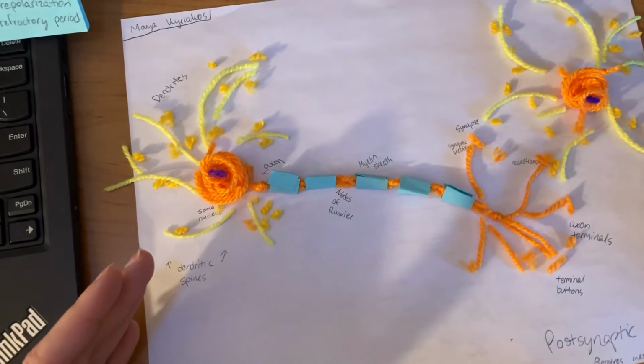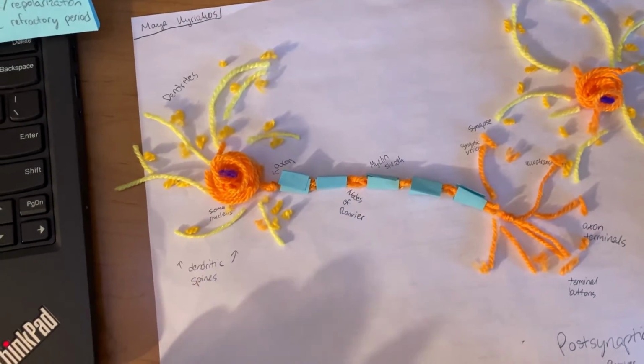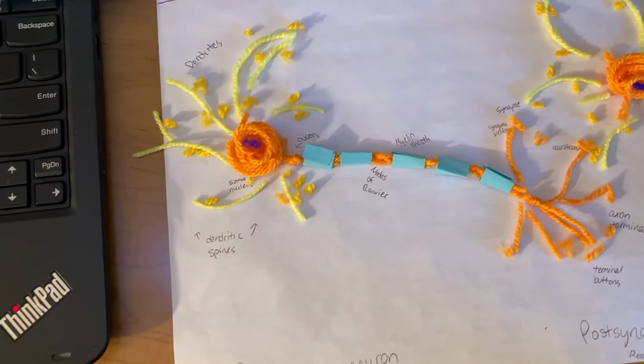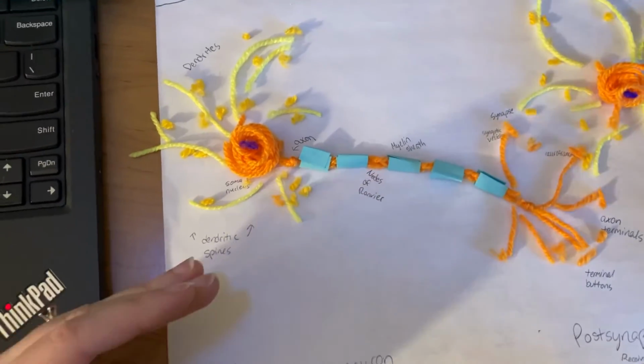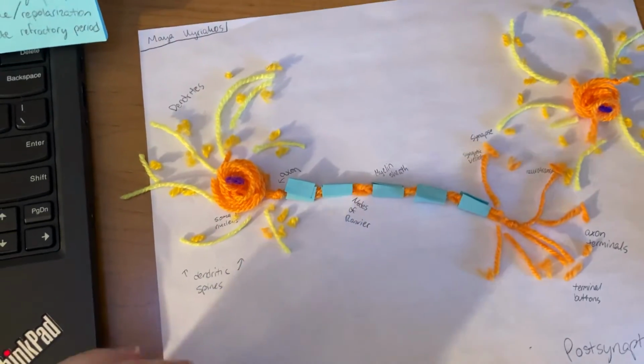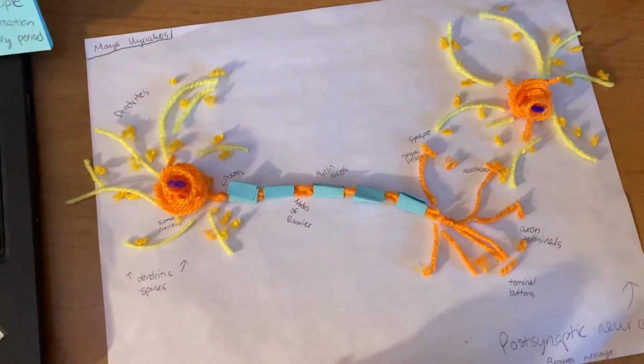Action potential occurs when there is a gaining of electrical energy in the presynaptic neuron because it is going to soon be emitting an electrical impulse to the postsynaptic neuron.